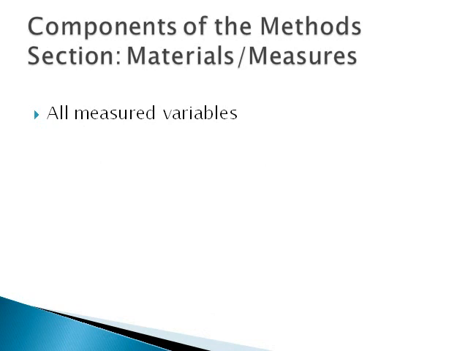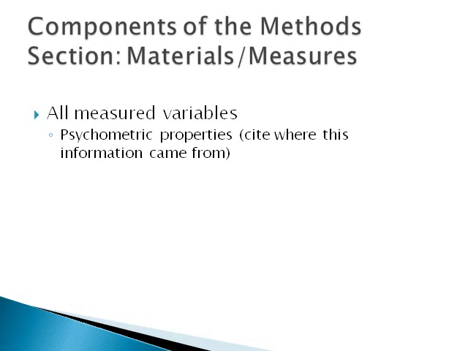So your dependent variable, if you have more than one dependent variable, how are you going to measure that? You need to describe those tools, and if you have multiple of those, you may have subsections to organize those measures. When you describe them, you talk about the psychometric properties of the tool.